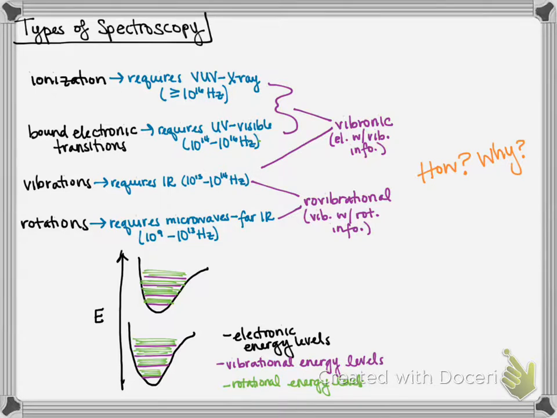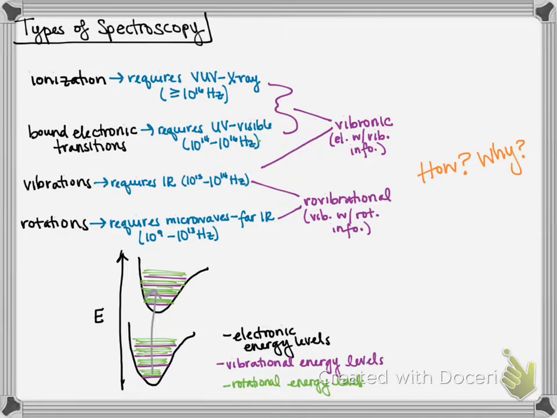But we can think about if we had a transition from somewhere in here to somewhere up here, we could think about having the information of the vibration that we start from and the vibrational energy that we land in in that excited electronic state. That's what we're going to call vibronic energies, when you can see the evidence of the vibrational or the rotational energies that change.